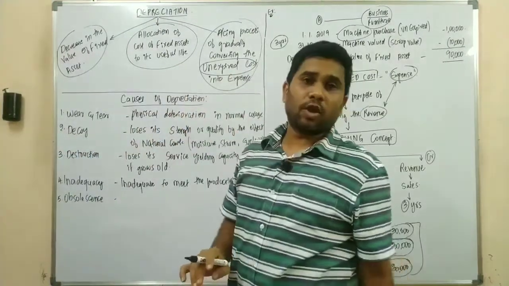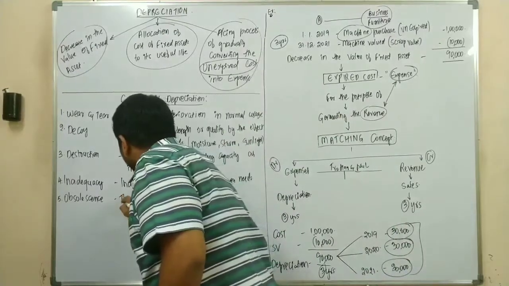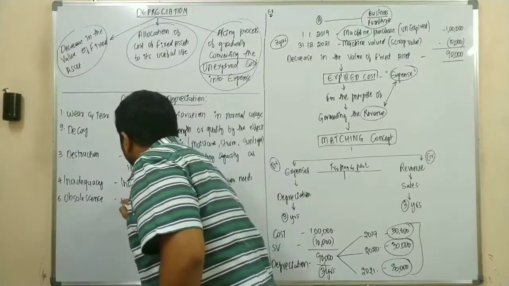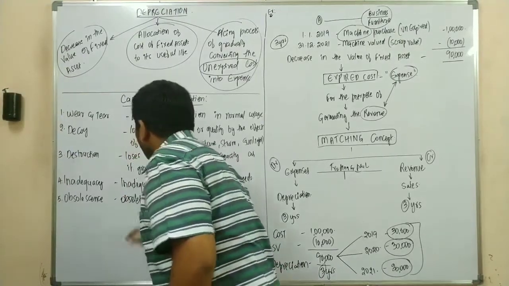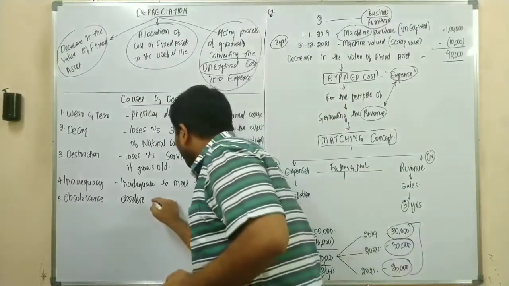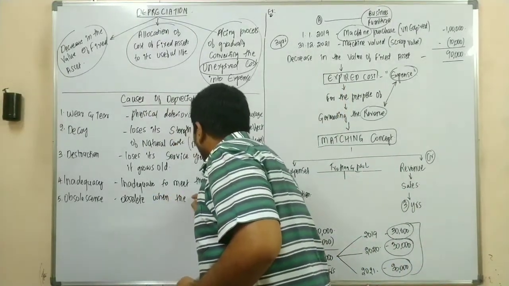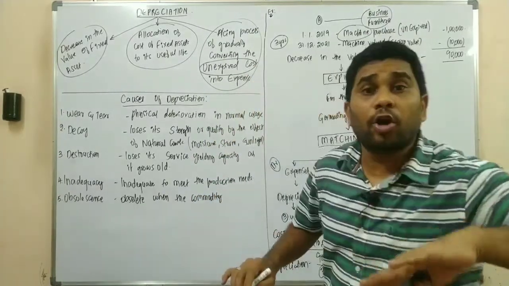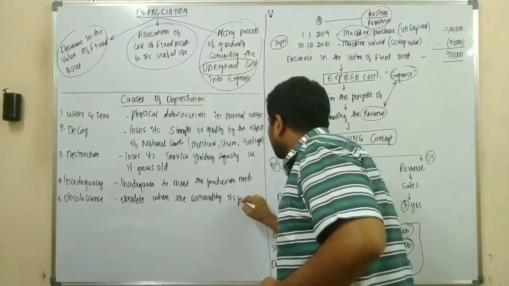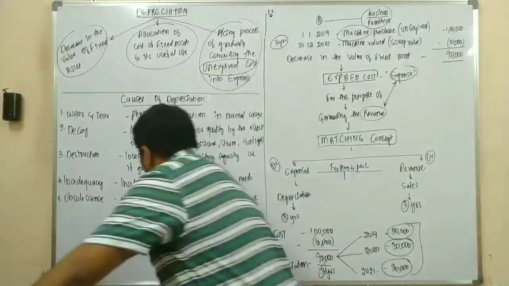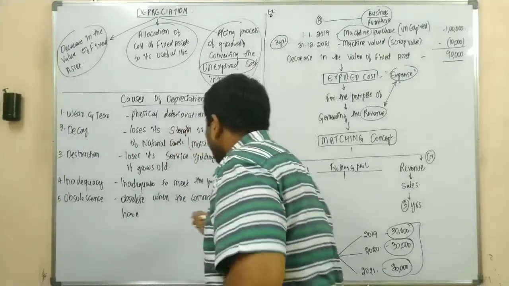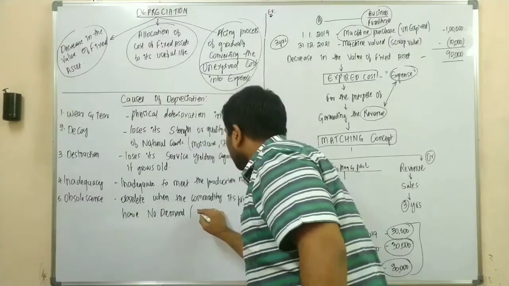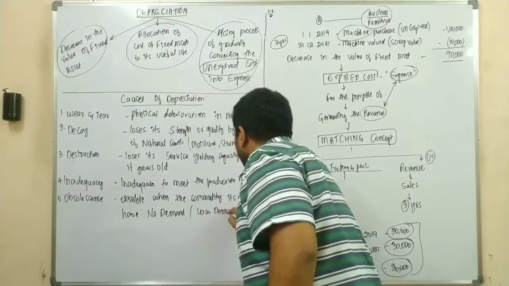Your next cause would be obsolescence. Sir, what is the meaning of obsolescence? The asset becomes obsolete when the commodity it produces has no demand or low demand.